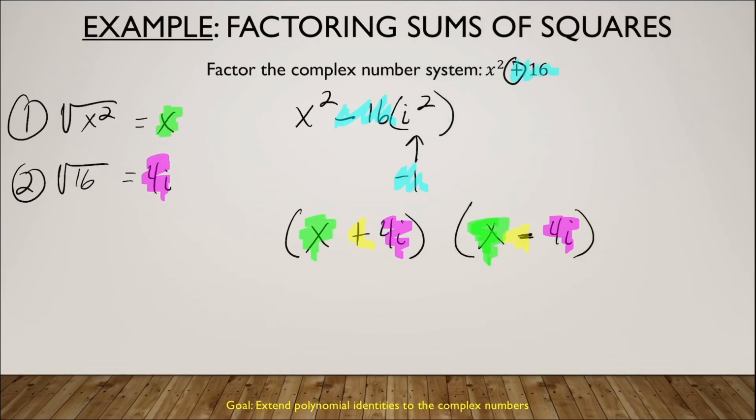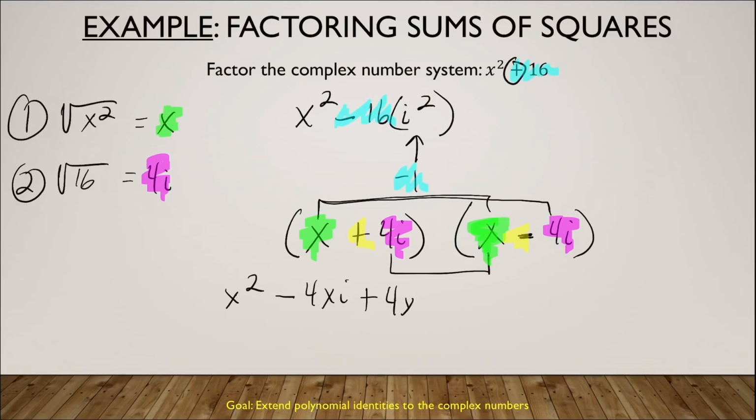Now this works because when I distribute, x times x gets me x squared. X times negative 4i is a negative 4xi. 4i times x gives me a positive 4xi, and then I get a negative 16i squared. Now when I simplify, I get x squared.